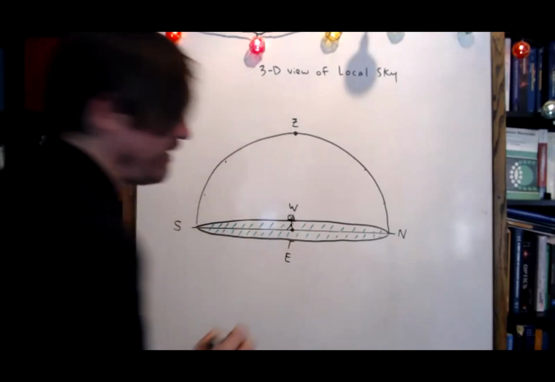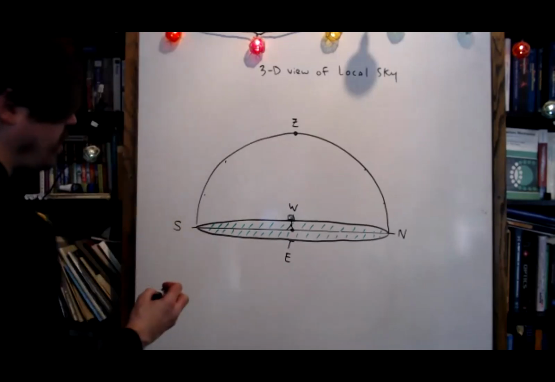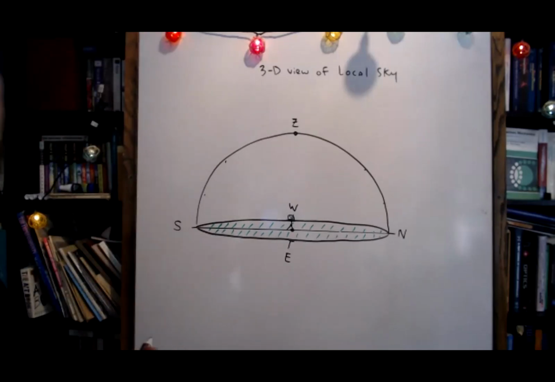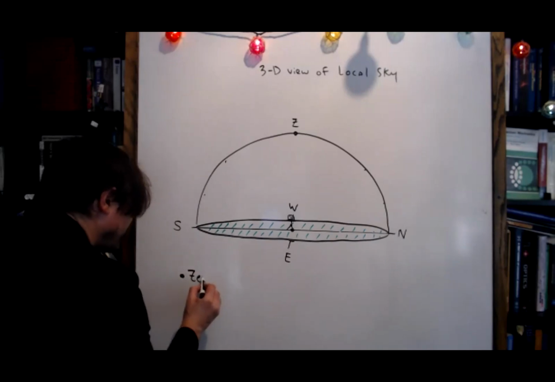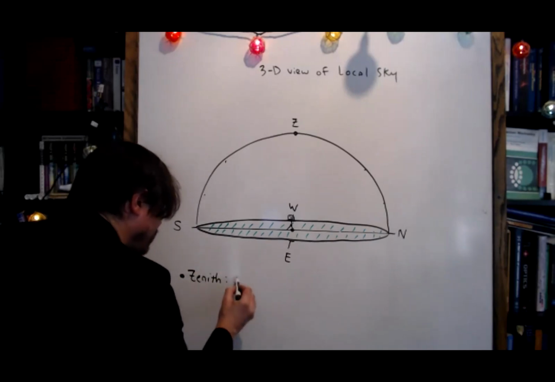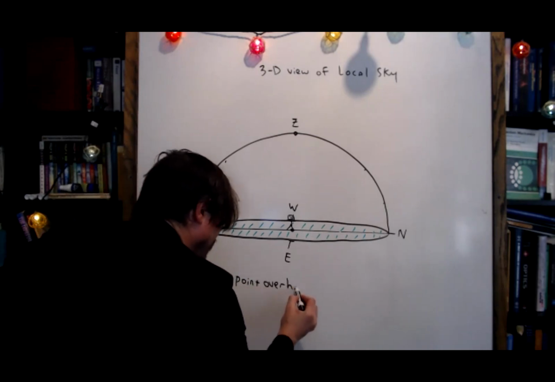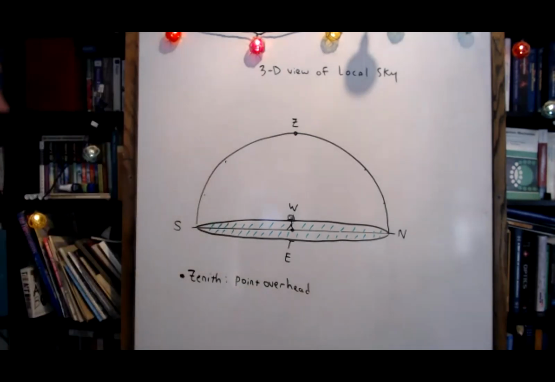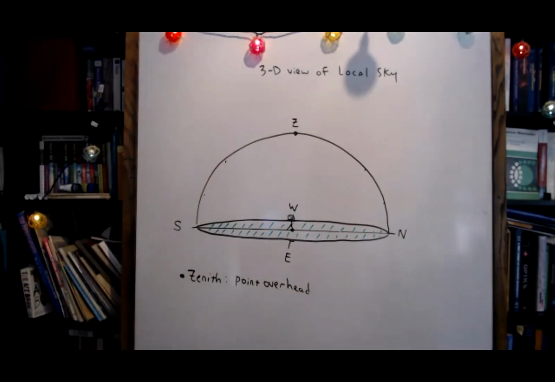Just put a little dude there to remind yourself that's where the observer is. Okay, the little dot at the top is the zenith. This is your first vocabulary term. It's simply the point overhead in your local sky, so it's the point directly above your head.